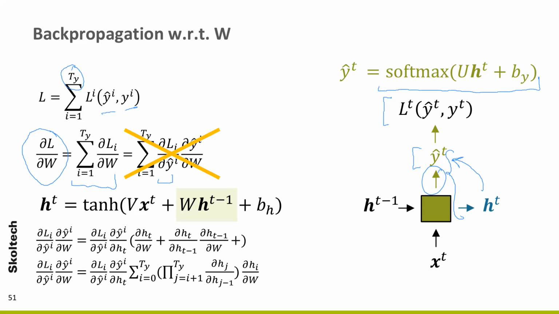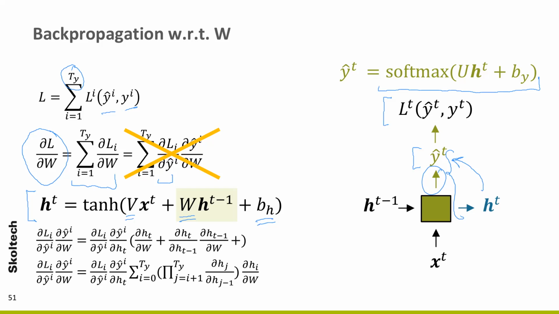Okay, the situation is a bit different when we are talking about the derivative with respect to k. We have a formula here for h_t, and we say that we have these parameters v, w, b, and we want to take the partial derivatives of our loss function with respect to them.